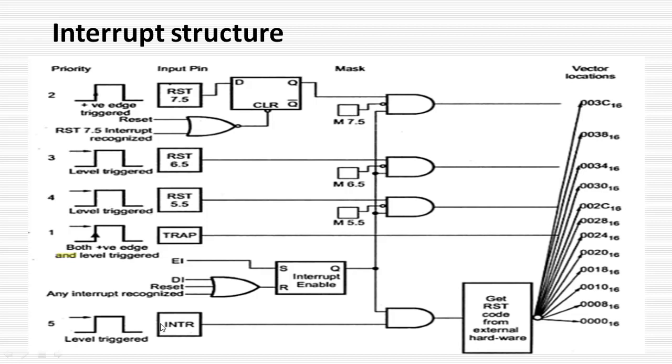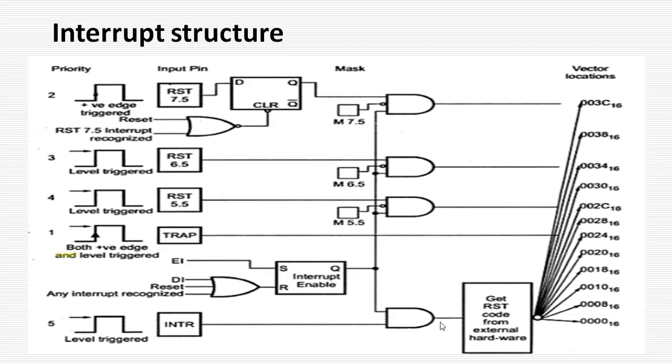Then the final interrupt, INTR. If INTR is enabled, it will not go to a vector location automatically. It expects an RST code from the external data bus. Based on the RST code on the data bus, it will go to either 38, 30, 28, 20, 18, 10, 08 or 00.